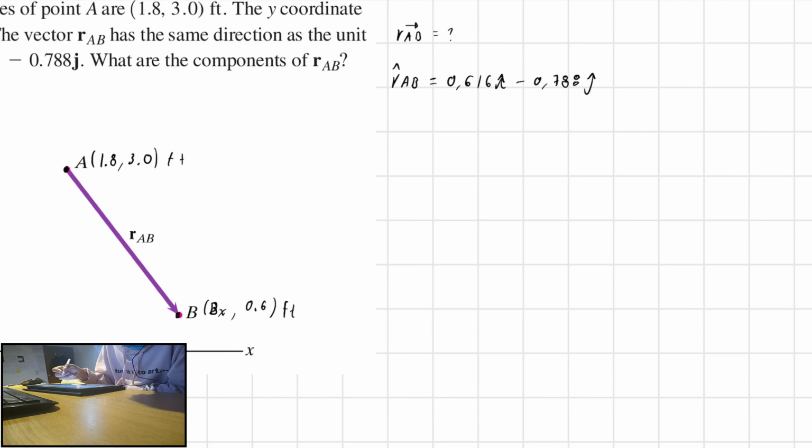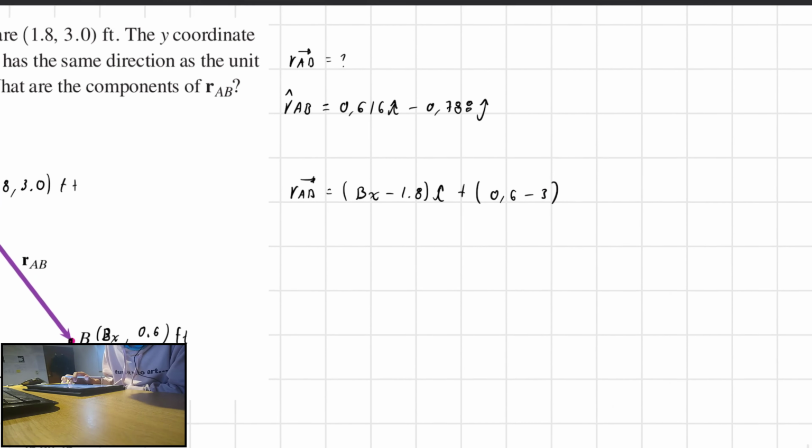So the vector RAB is going to be equal to Bx minus 1.8 in the I direction plus 0.6 minus 3. Final minus initial. Once again, final minus initial.